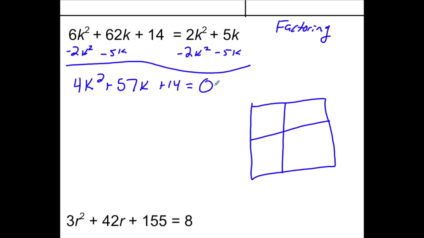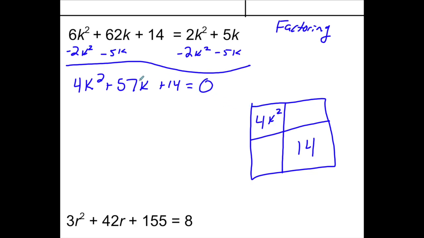Now, the challenge is going to be, look, we know that these numbers are going to have to multiply to 14. And we know that these two multiply to 4k squared, these multiply to 14, and yet these boxes need to add to 57, right?